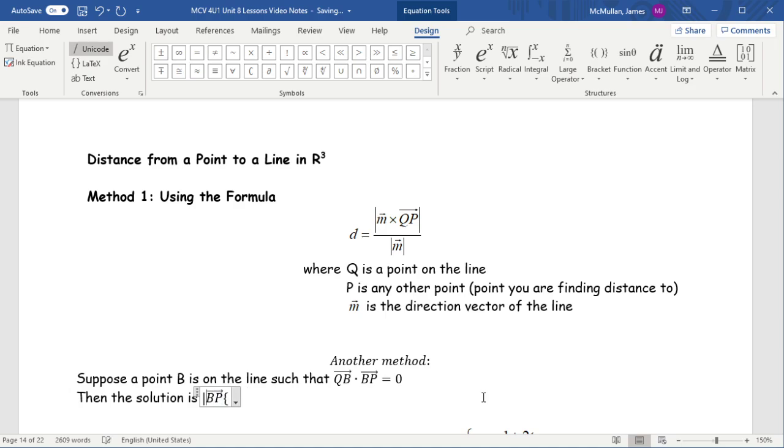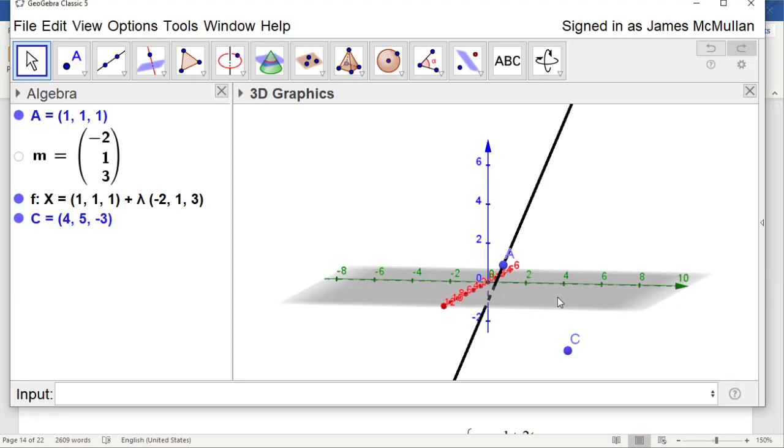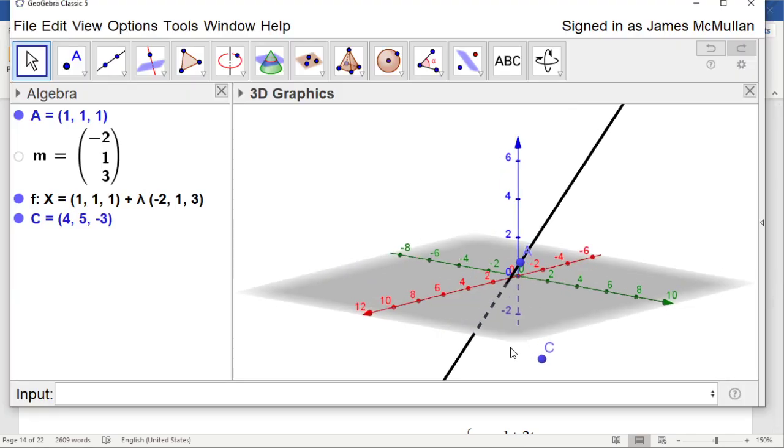Right? So whatever the magnitude is between B and your point would have to be the shortest distance, because you have a point on the line that is perpendicular to the other point, which means it's the closest point you can get to. So if you just measure the distance from those two, you would get the answer.